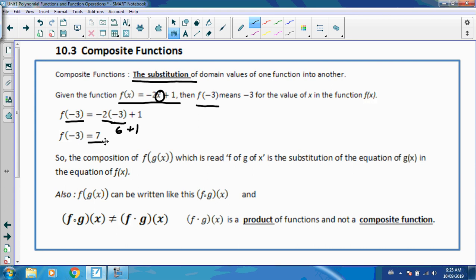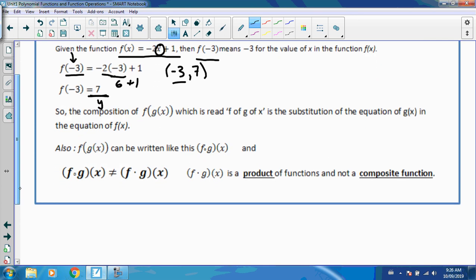So this is really corresponding to the point negative 3, 7. So x is negative 3, and the f of x gives me the y value. So that's that point.